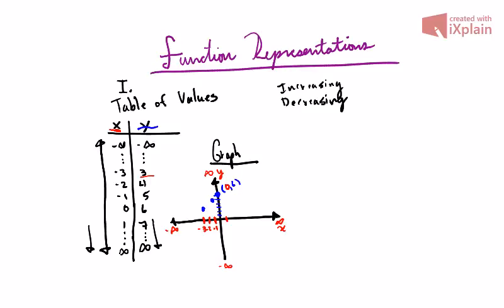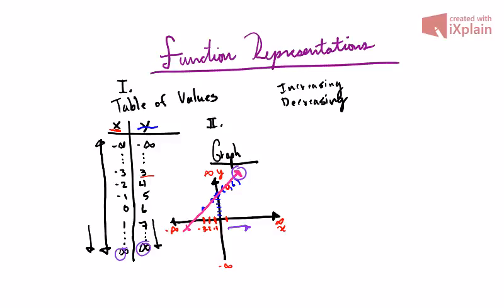What happens is you get this function that just keeps going through all these points, and you get an increasing value. As x goes to positive infinity, so too does my output, which is what I can see right here. So this is a graph. This is the second representation.